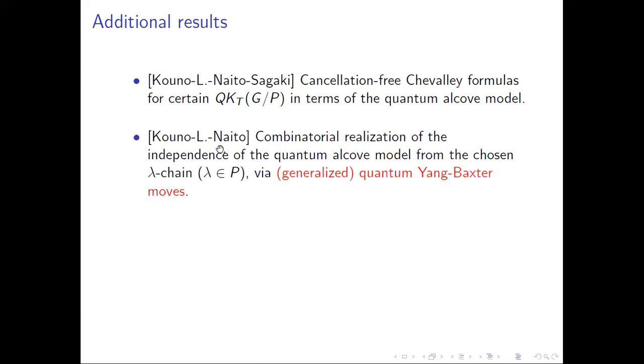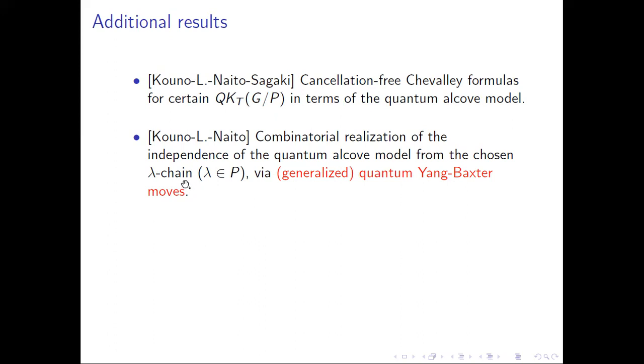Okay, and then another result with Kouno is related to the fact that this quantum alcove model for the Chevalley formula is actually independent of a lambda chain. So all the time I said, pick some lambda chain and write the formula. And it turns out you can pick any lambda chain and you get an equally good formula.